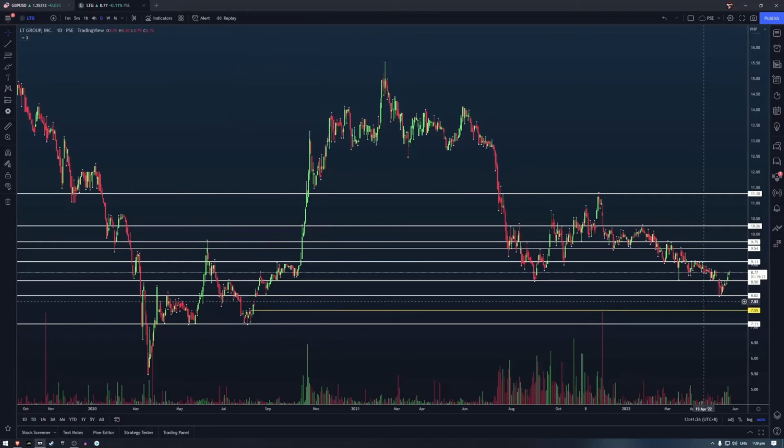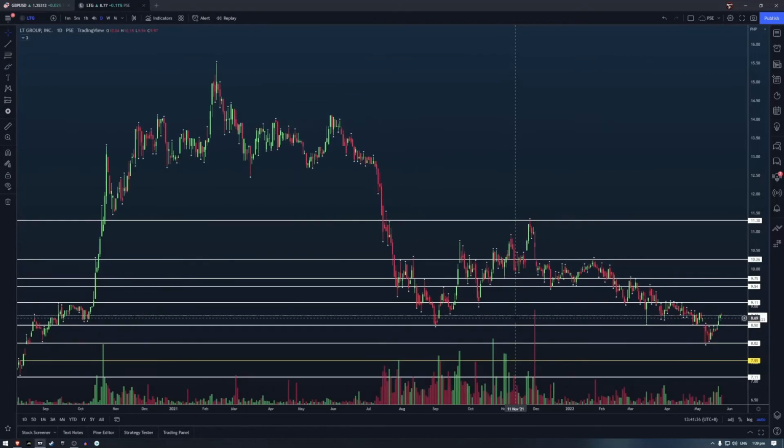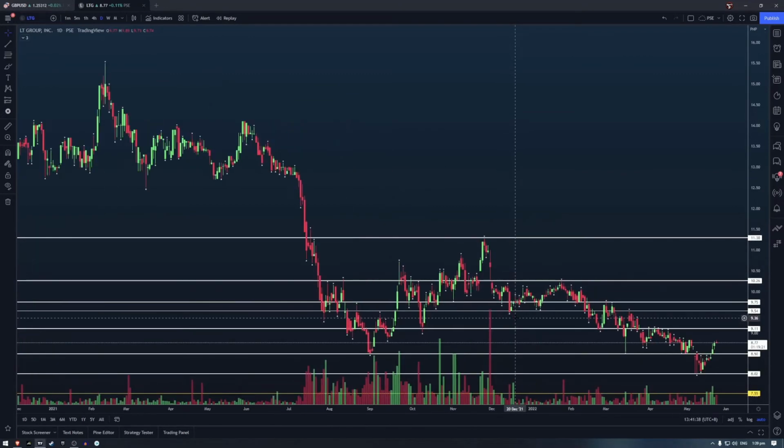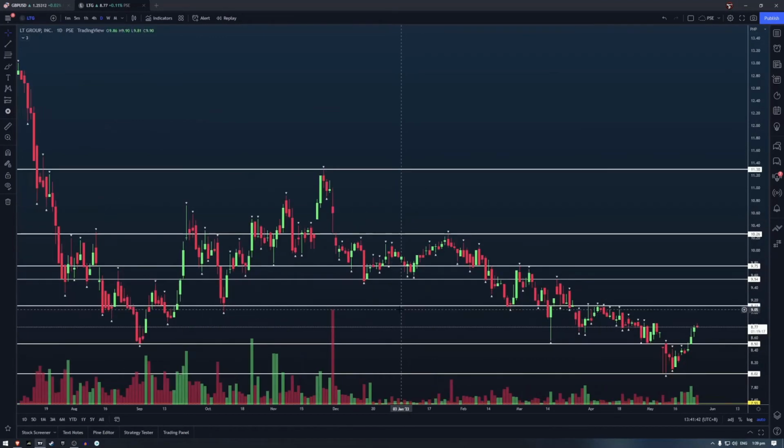Now, we turned ahead of that, and for the bulls, obviously that's a good thing. But had it gone there, then yes, I would possibly have anticipated trading LTG. Now, let me zoom in so we can discuss the right now.